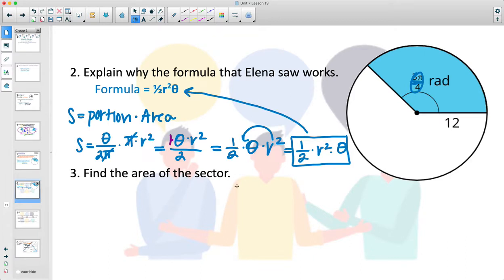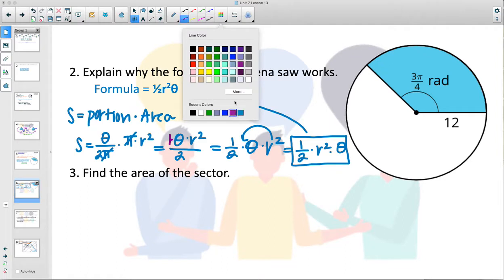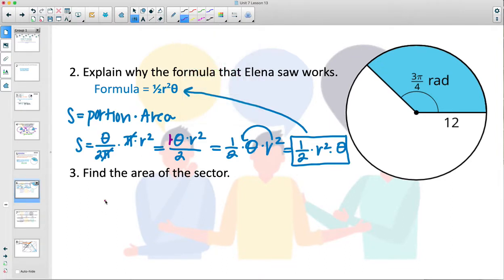So now use that formula to find the area of this sector. The area of this sector is going to be 1/2 times the radius squared, which in this case the radius is 12, and then times the central angle in radians, which is 3 pi over 4.